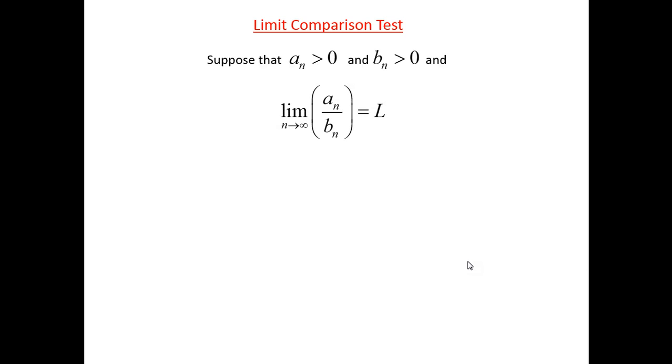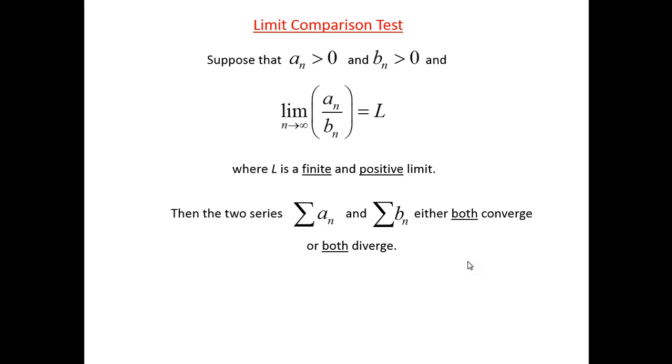And suppose that the limit as n goes to infinity of the ratio of a sub n over b sub n equals some number L, where L is a positive finite number. Then the two series either both converge or both diverge. They have to do the same thing.